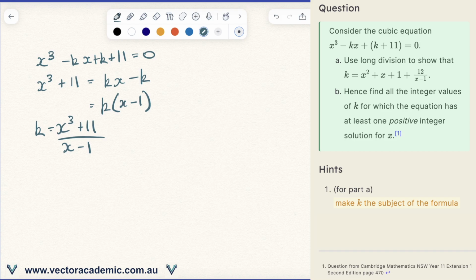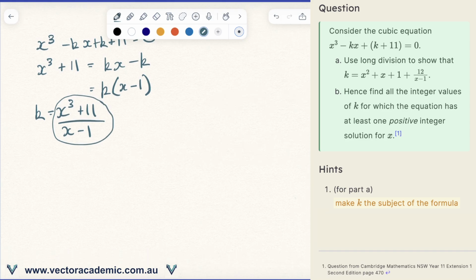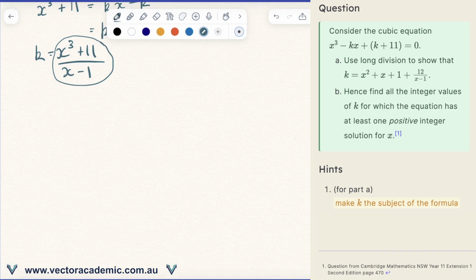And this is where the instruction to use long division comes in. We need to reduce this down using long division. So we start off with our x cubed, and then I'm going to leave some space after it so that my columns line up. Or you could write it in plus 0x squared plus 0x plus 11. And we're going to divide this by x minus 1.